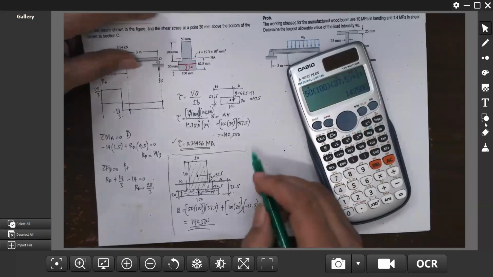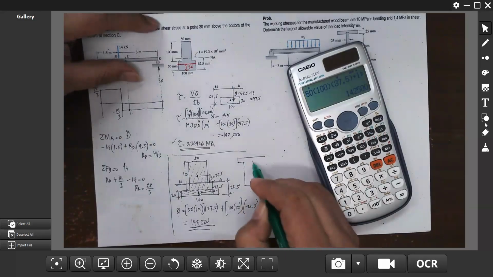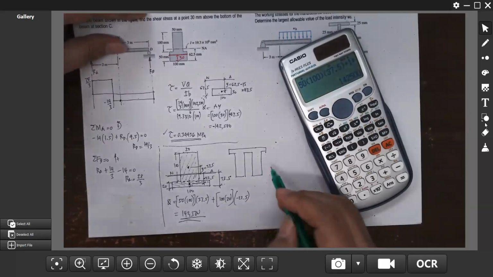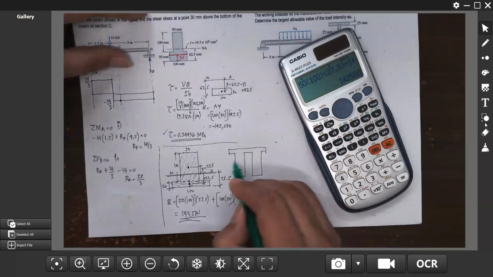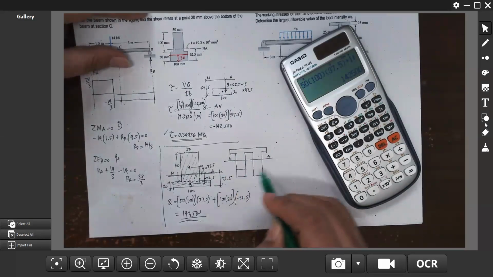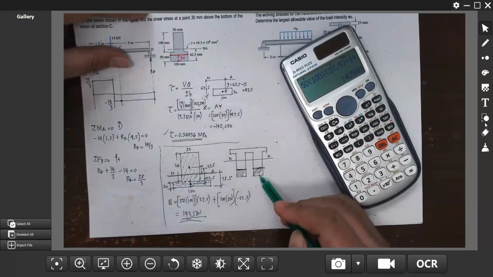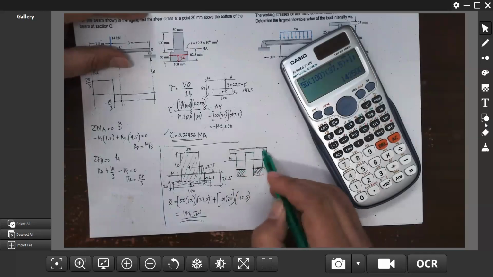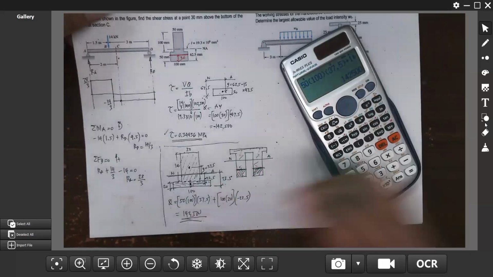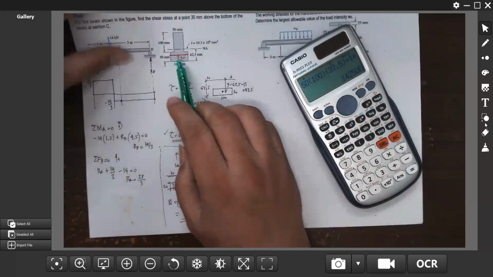Okay, what if a situational case. Suppose this is the cross section, and this is the neutral axis, and the stress is here. It is easier to consider the area here than the other one, right? So at least you know. Okay? For I, you can prove this one.